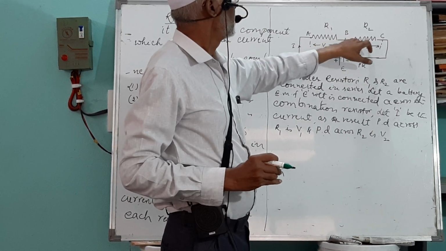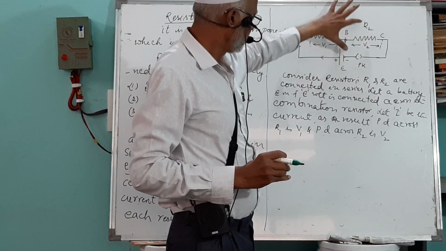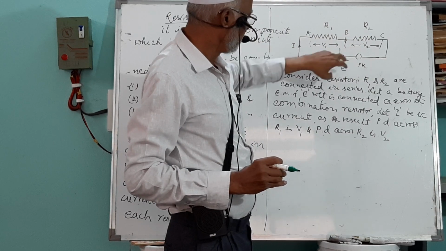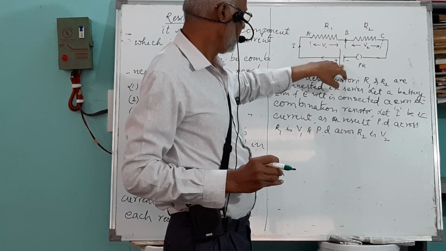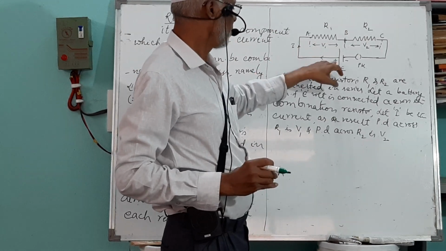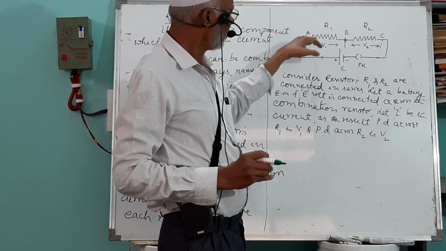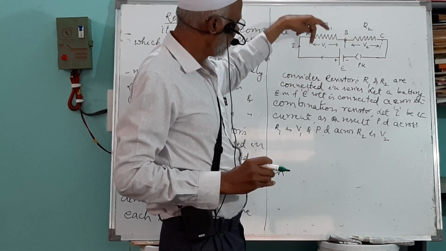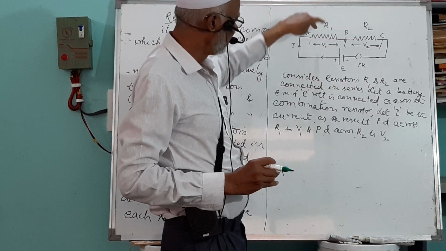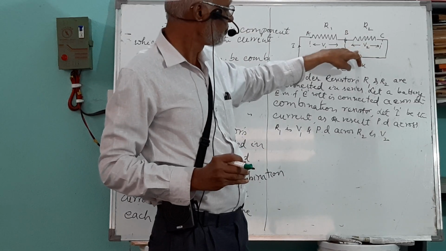Such a combination we call a series combination of resistors. Across this combination a PD is formed by introducing the battery. Since a PD is formed, I ampere of current flows from this battery through the resistors. The PD across R1 is V1, and the PD across R2 is V2.